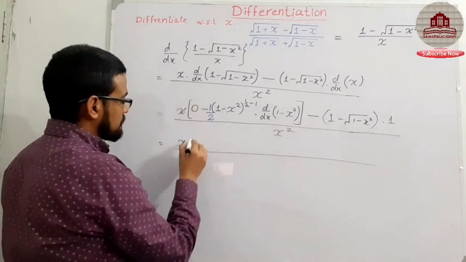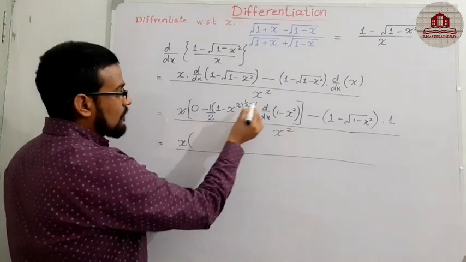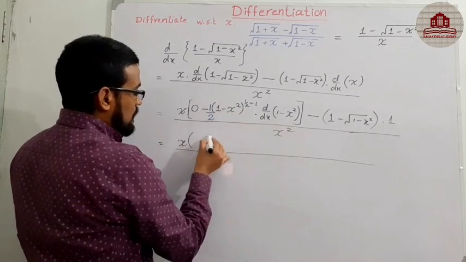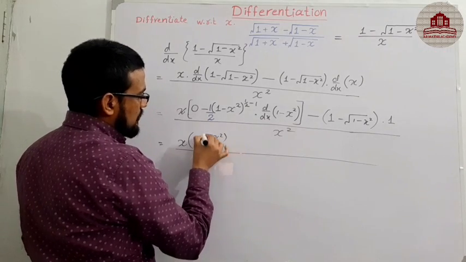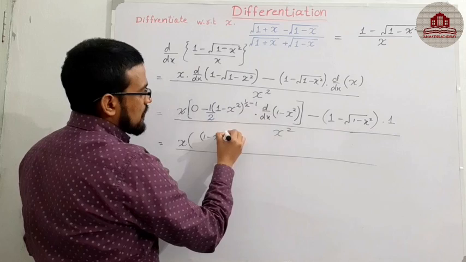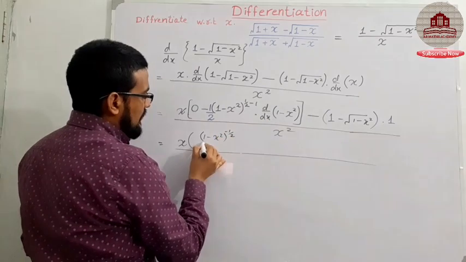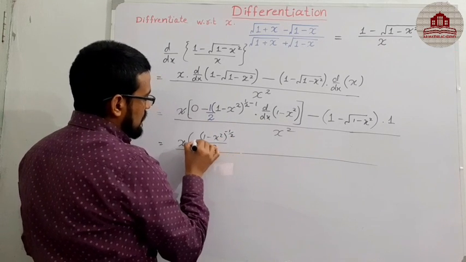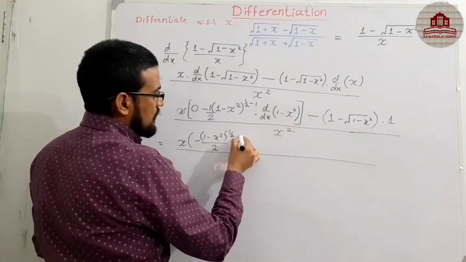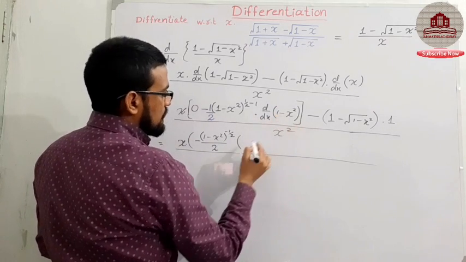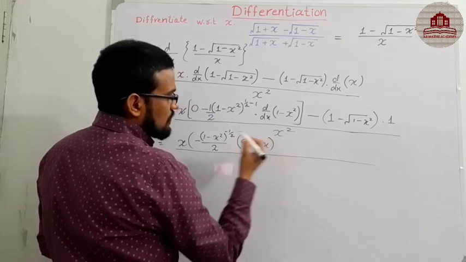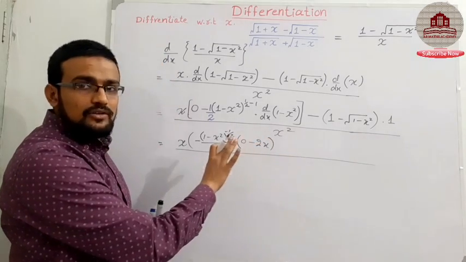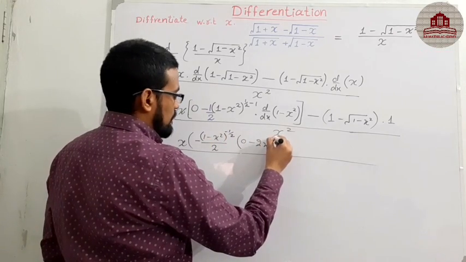X, here 1 minus x square raised to power minus 1 by 2 divided by 2 negative, and then the derivative solves to 0 minus 2x. You can write only 2x, no problem.